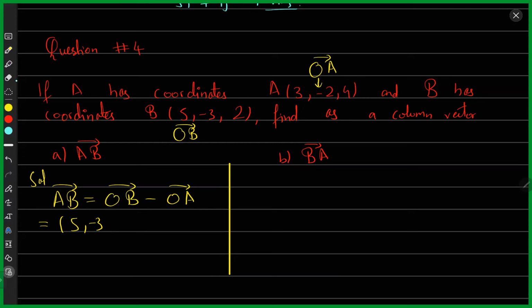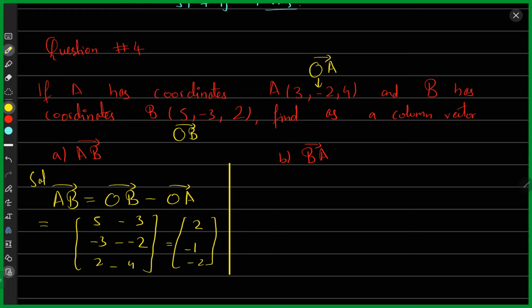Let's write it down as a column because the question clearly mentioned that. And this is going to give you 2, -1, -2. This is what we are going to get for AB.